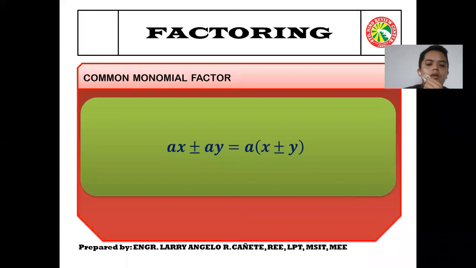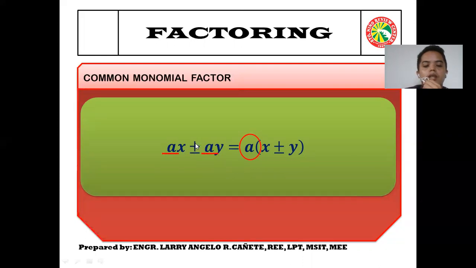So when we say common monomial factor, it is written as ax plus or minus ay is equal to a quantity of x plus or minus y. To factor a common monomial factor, you simply get the a, which is common to x and y.